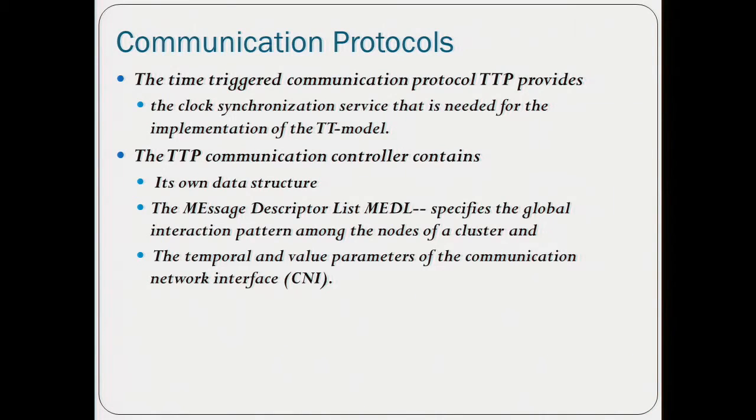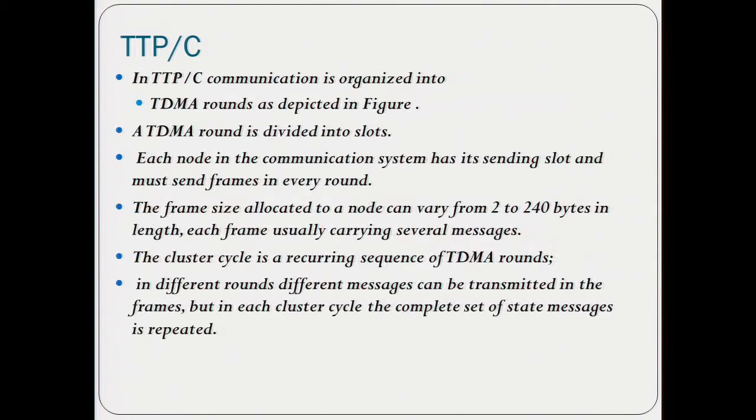And the TTP communication controller must contain different information, its own data structure, but also the message descriptor list, which specifies the global interaction pattern between the various nodes, which means the information about the address of the various nodes that are going to receive this information. The temporal and value parameters of a communication network interface, which essentially says what is contained in the communication buffers.